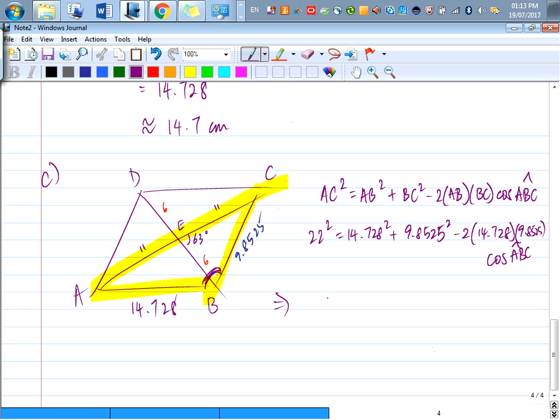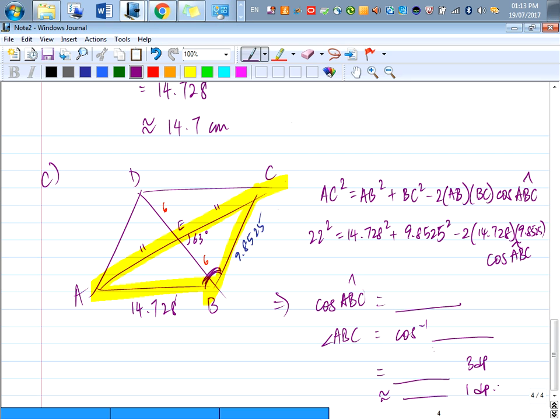So next step, you'll find cosine ABC equals something, then angle ABC must be cosine inverse of whatever that is. Get the answer in 3dp. Then round it off to 1dp. Okay? Yeah, because angles we leave it in 1dp.